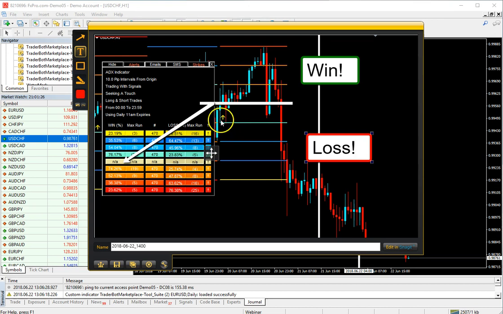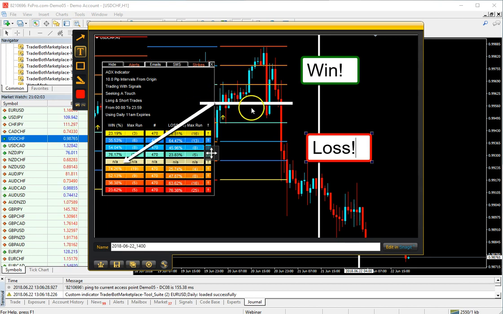Here's a little graphic. You see this up arrow? Okay, I know that 74% of the time when I get this arrow, price is going to go up and touch this area. Well, we don't know that it's going to do that in the future. We know that that's what it has done in the past. We also know that it has a 25% probability of not doing that at all, of not even touching this line.